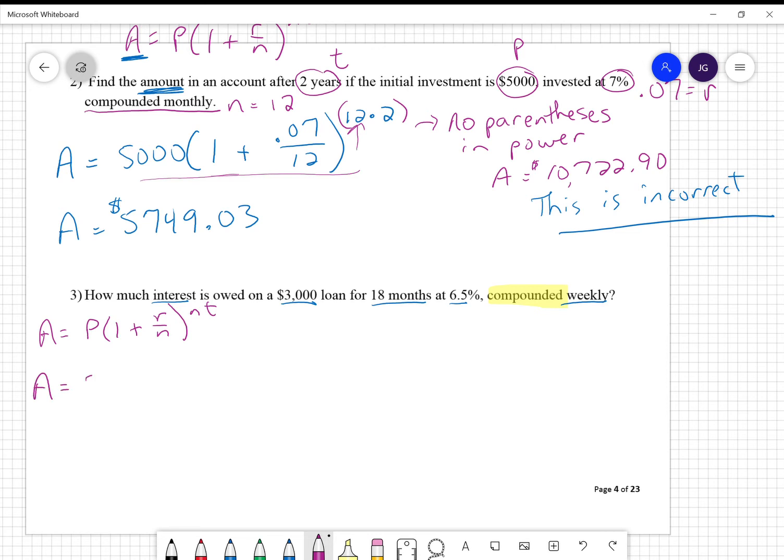A equals 3,000, 1 plus R is 0.065 over N is weekly, 52. And T is, okay, 18 months. I need to convert that to years. Well, 18 over 12 is 1.5.